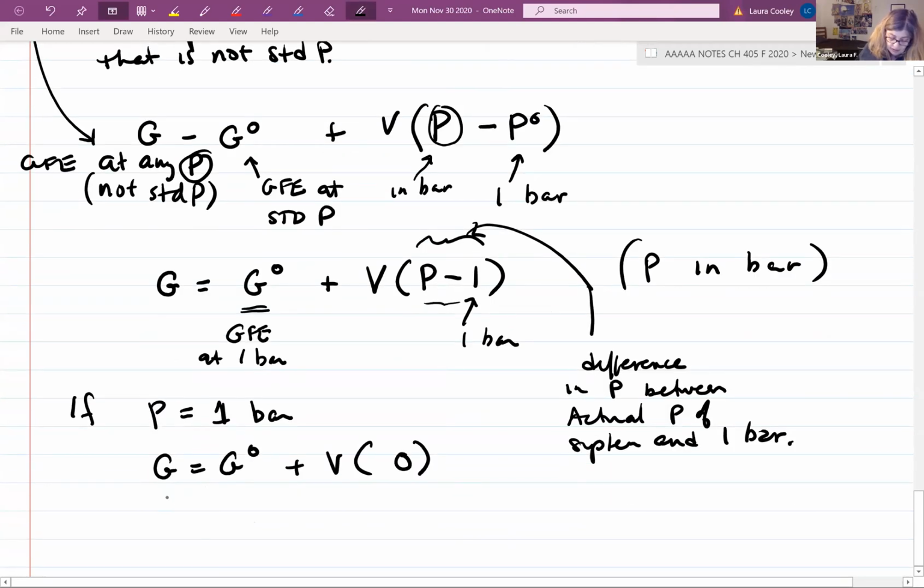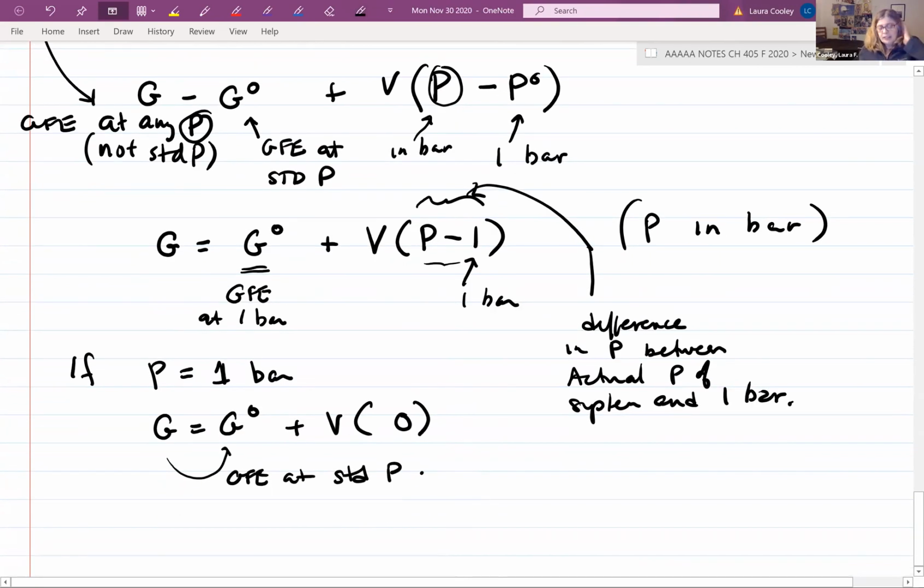And so the Gibbs free energy just equals the Gibbs free energy at the standard pressure. Okay, so basically what we have here is that the Gibbs free energy at some pressure that is not 1 bar is that standard Gibbs free energy plus, I call this a kind of a correction term, right? It corrects for what the Gibbs free energy should be when the pressure is not 1 bar.